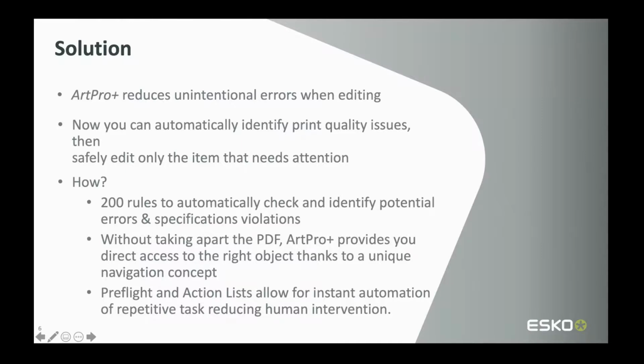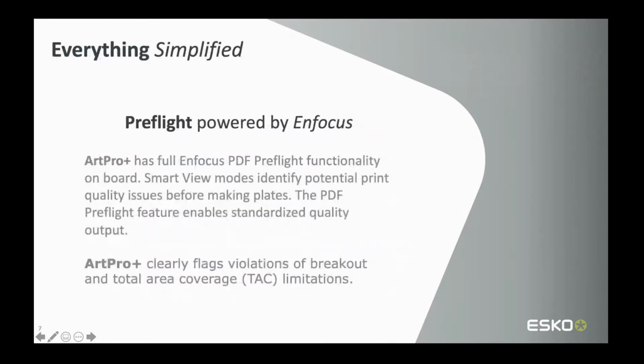And again, Art Pro Plus can edit specific elements in the artwork. Art Pro Plus contains the full PitStop engine technology, plus customized actions for any printing segment. Also, the Art Pro Plus preflight functionality helps users save lots of time in every job.